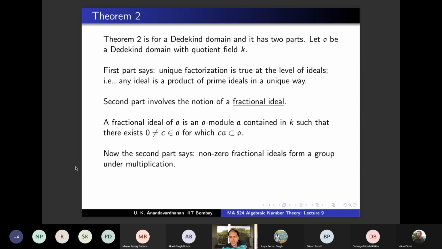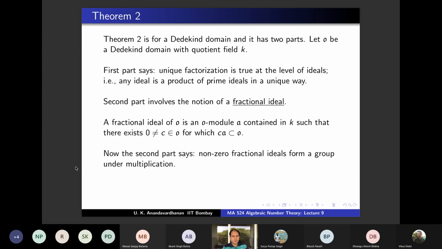Since we are in a commutative ring, this group is clearly abelian, right? A times B is the same as B times A because our ring is commutative. So it's an abelian group, taking the quotient is fine, and every subgroup is normal. You can take the quotient group, and this is what is called the class group, and this is finite.